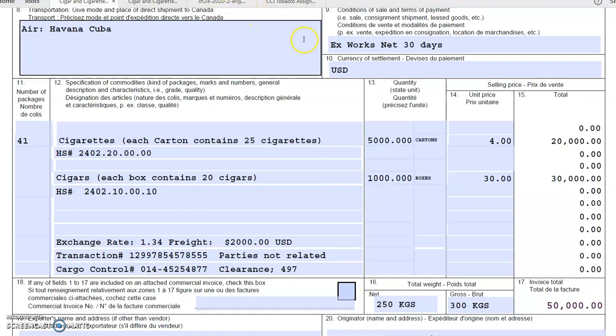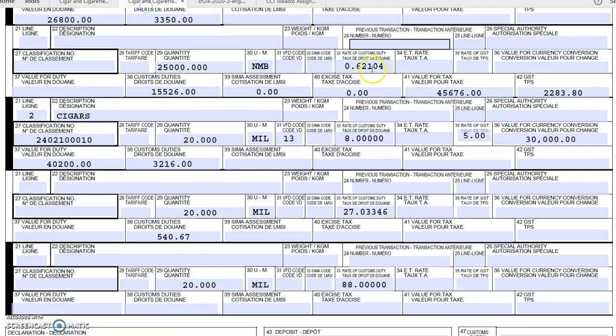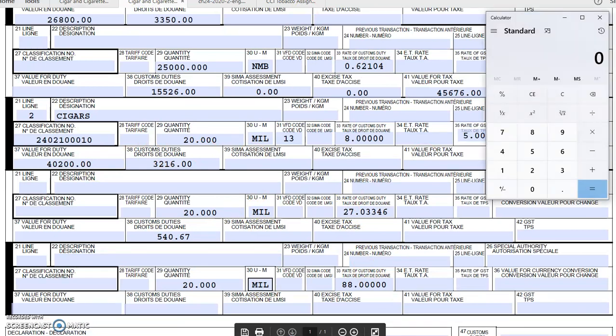Okay, so how do we figure out the duty paid value? Well, we take the 40,200 right here, add on the customs duties, 3216, plus the excise duty of 540.67, and we get 43,956.67.